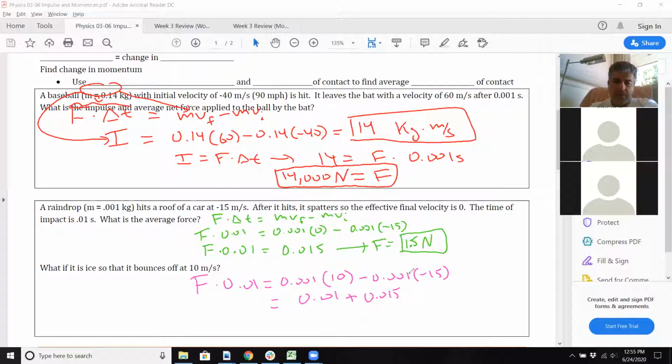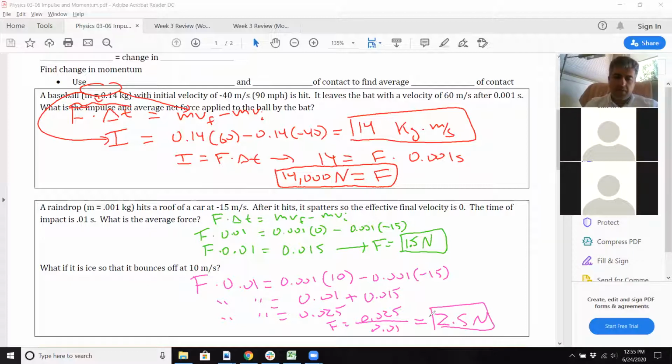So you get 0.025. So your force is going to be 0.025 divided by 0.01. And so in this case, now we get 2.5 newtons. So that should be hopefully pretty straightforward for that one. So any questions about that one?